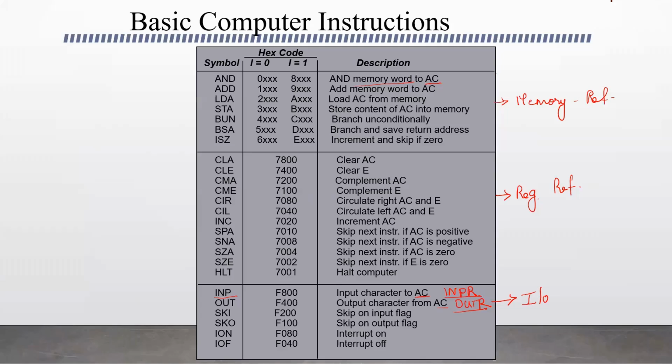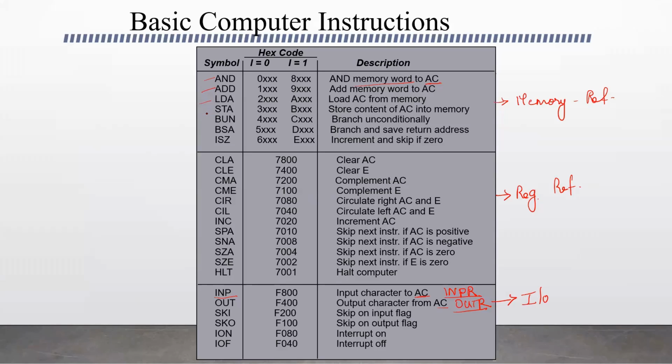So here in this instruction set, AND is a logical operation, ADD is an arithmetic operation, and load is a register transfer operation that moves content between the accumulator and memory, and so is store.